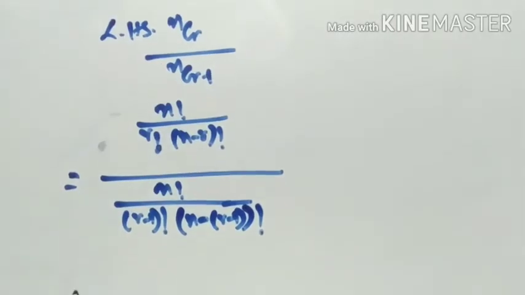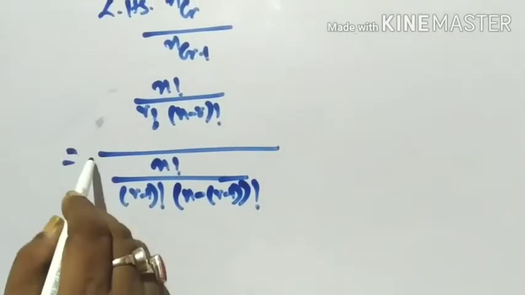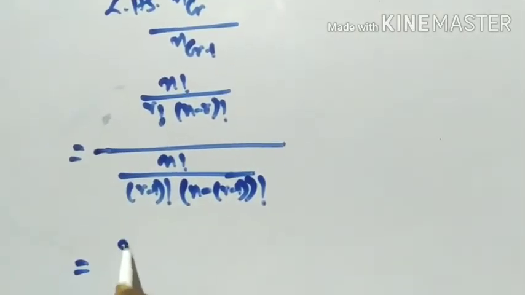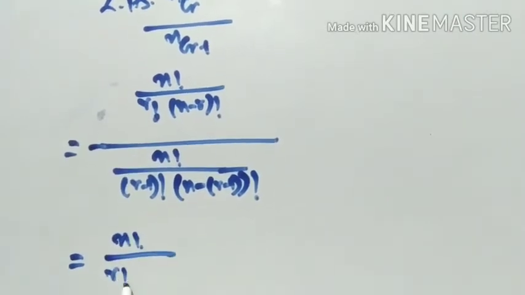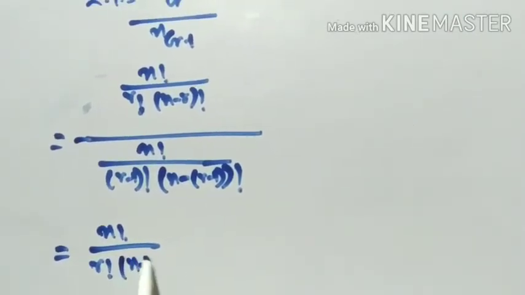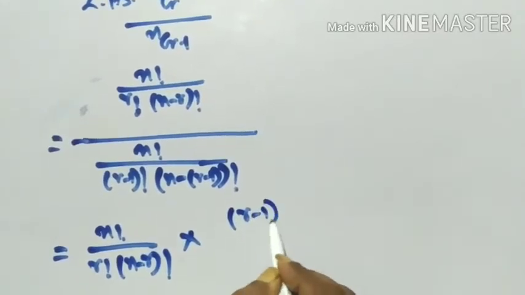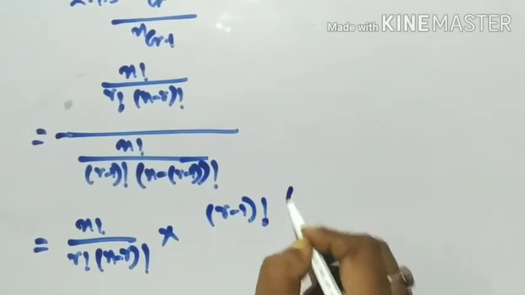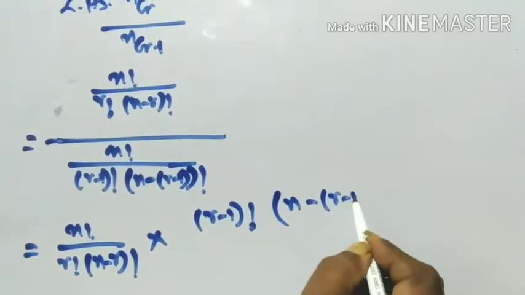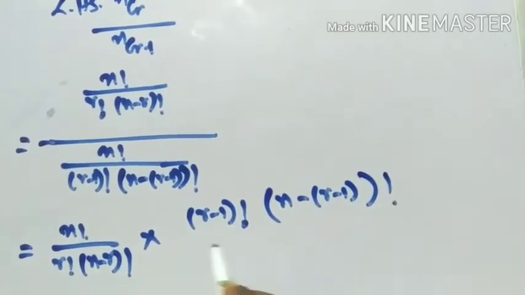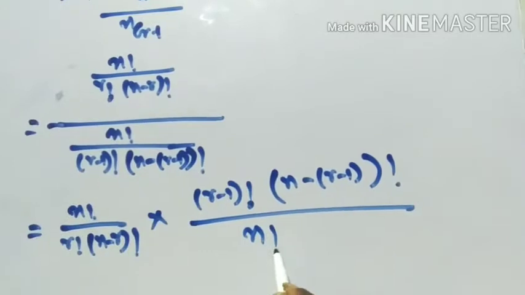Now the denominator gets inverted, so this is multiplied by (r minus 1) factorial times (n minus (r minus 1)) factorial, divided by n factorial.